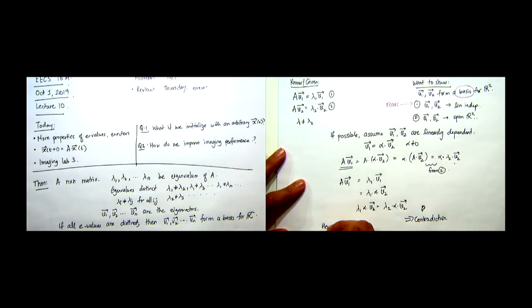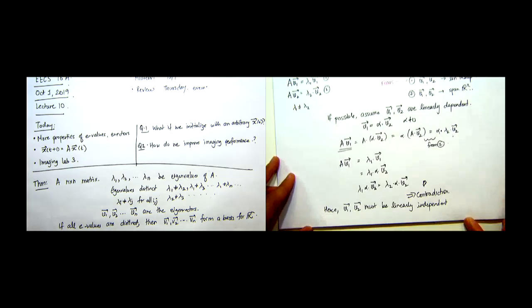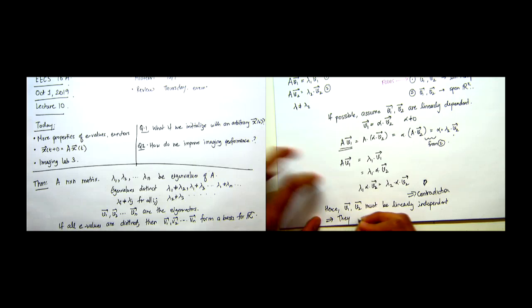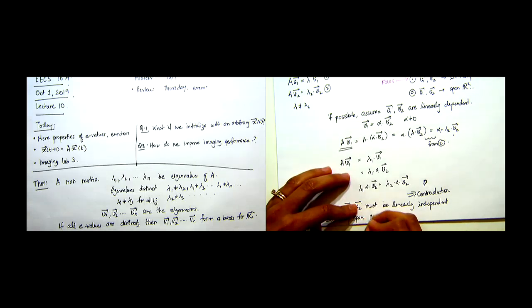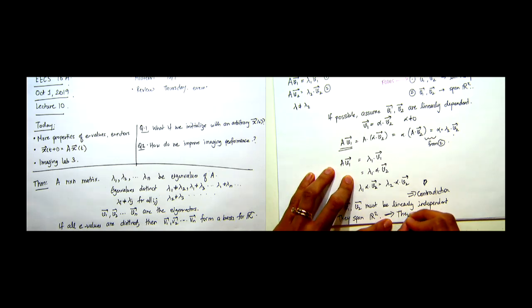Hence, V1, V2 must be linearly independent. Therefore, they span R2. Therefore, they form a basis.